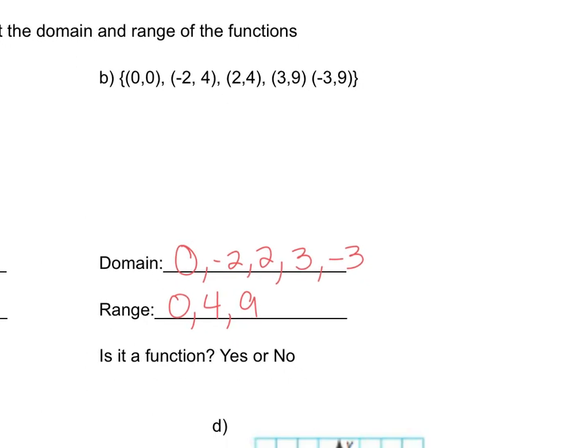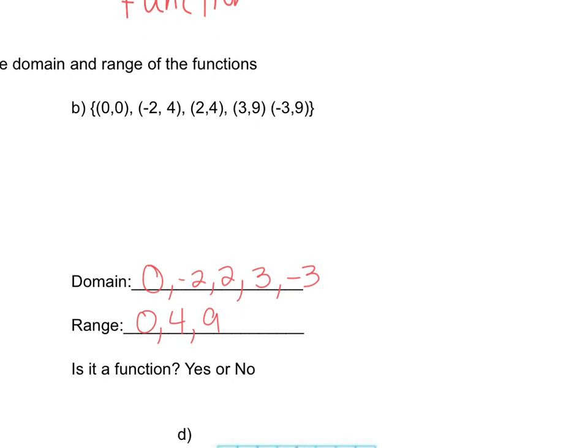And so is this a function? Well, first let's try to look at it. Do any of the x values repeat? The answer is no. So since none of the x values repeat, it is a function. I know this is weird, so let me just sketch a quick graph. So we've got 0, 0, negative 2, 4, 2, 4, 3, 9, negative 3, 9.